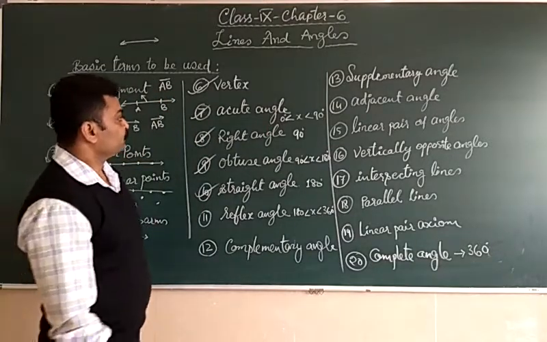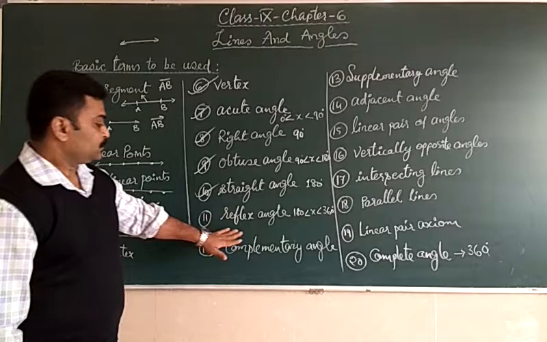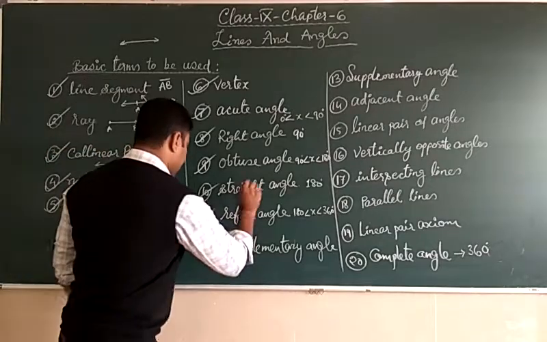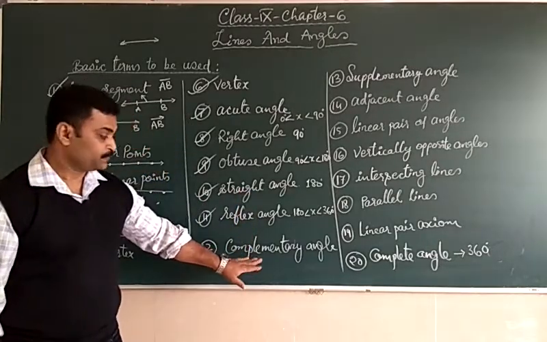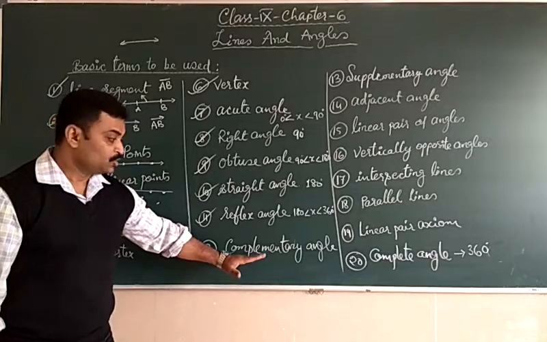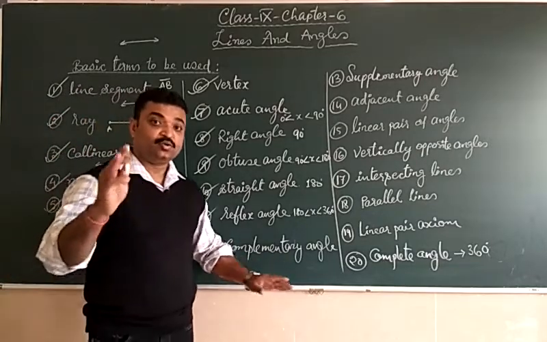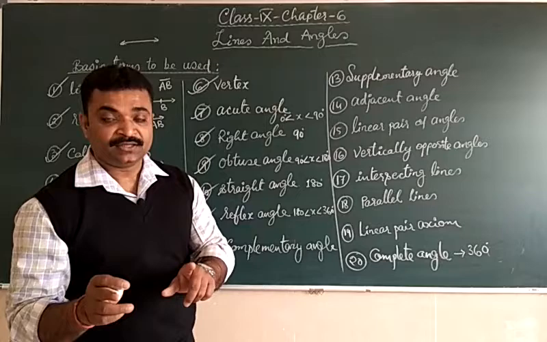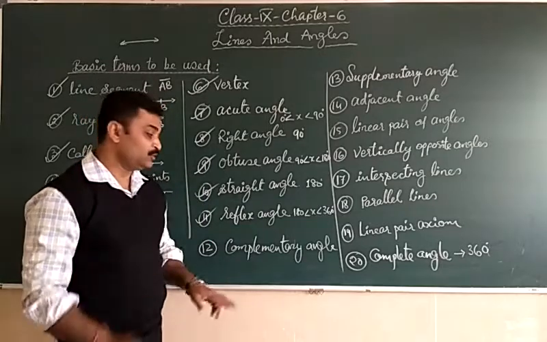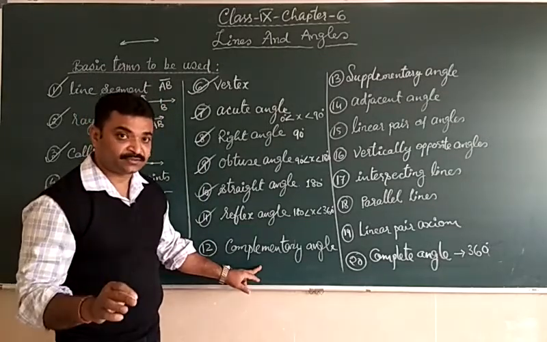Now, reflex angle we discussed. Complementary angle. What is a complementary angle? Two angles whose sum is 90 degrees are called complementary angles of each other.